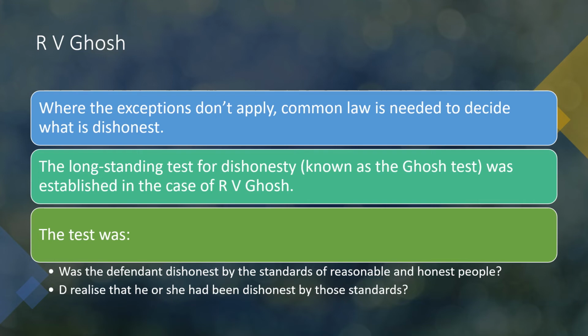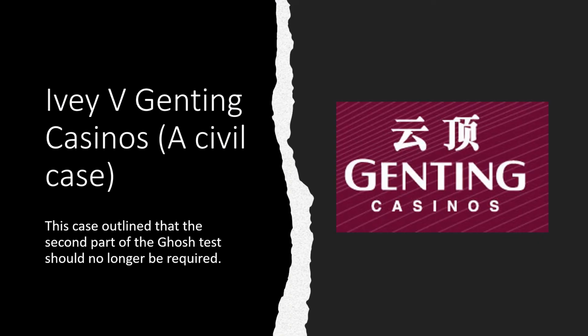The long-standing test, known as the Ghosh test, was: was the defendant dishonest by the standards of reasonable and honest people? And of course the jury will be making that decision. And then, did the defendant realise that he or she had been dishonest by those standards? So it's an objective and a subjective test. We don't use this anymore.